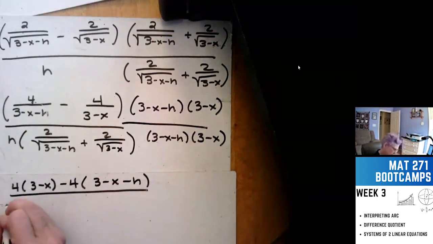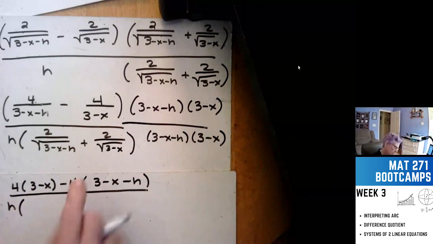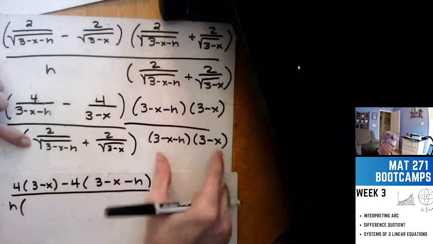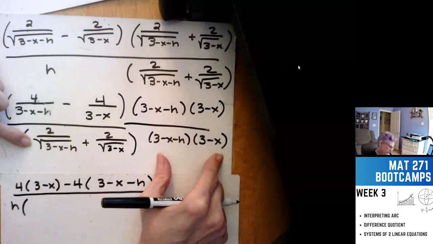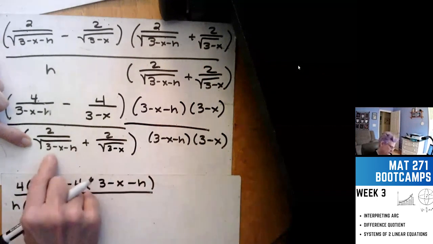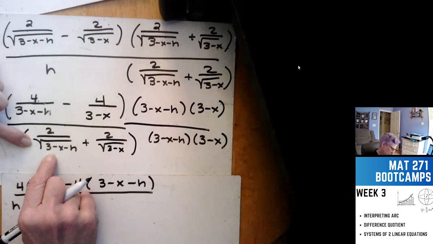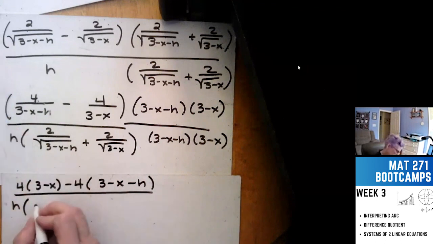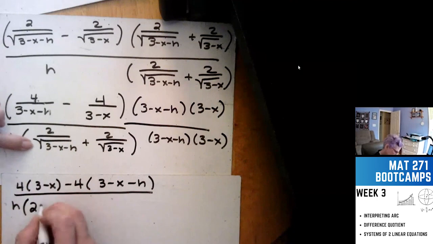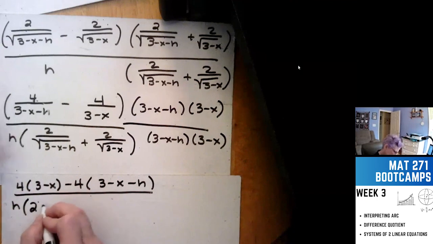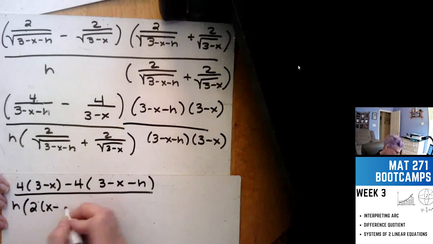That's sitting on top of h times, when I multiply here, I'm left with the square root of 3 minus x minus h. So I have 2 times x minus 3 minus x minus h.